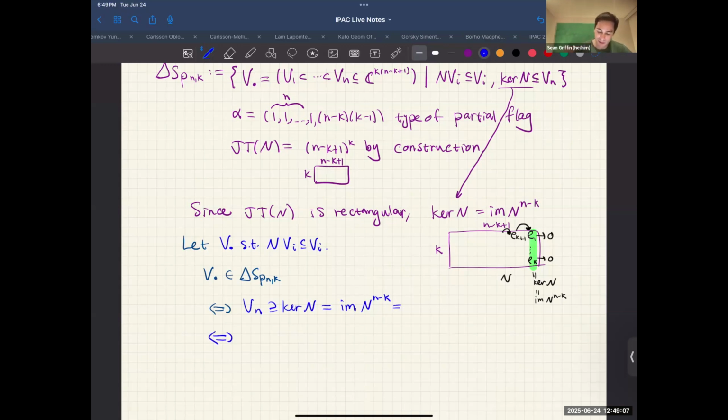And what's the image of the n minus k power? It's n minus k applied to the full vector space. Another way to put this is that since n to the n minus k sends the full vector space into Vn, then it's acting by 0 on the quotient.